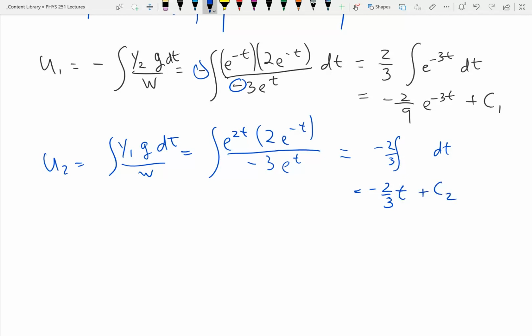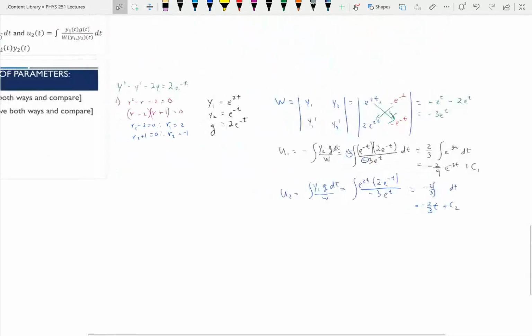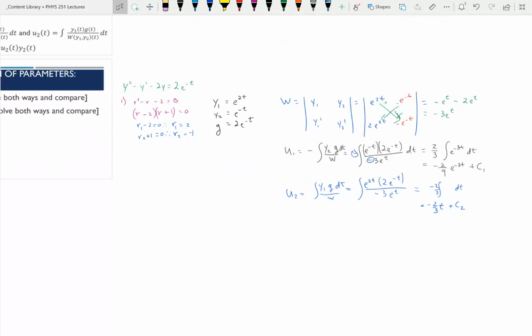Okay, so now we found our u1 and our u2. The final step is just to put it together. I'm zooming out so I can see everything at once.